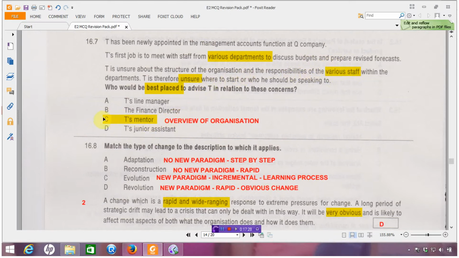Really, what the examiner wants you to do is to opt for the mentor, who will be best placed to give the individual an overview of the organization. You might think that the line manager in real life, or possibly even the finance director, might be the easiest port of call, but let's think like the examiner does. Certainly the mentor, as far as they're concerned, would be the first port of call. Obviously, the junior assistant wouldn't be relevant. Okay, so C is the answer in that case.